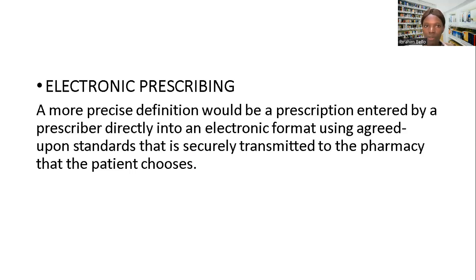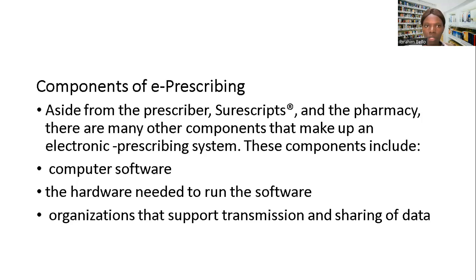Electronic prescribing. A more precise definition would be a prescription entered by a prescriber directly into an electronic format using agreed-upon standards that is securely transmitted to the pharmacy that the patient chooses. Components of an electronic prescribing system. Aside from the prescriber, the prescription, and the pharmacy, there are many other components that make up an electronic prescribing system.